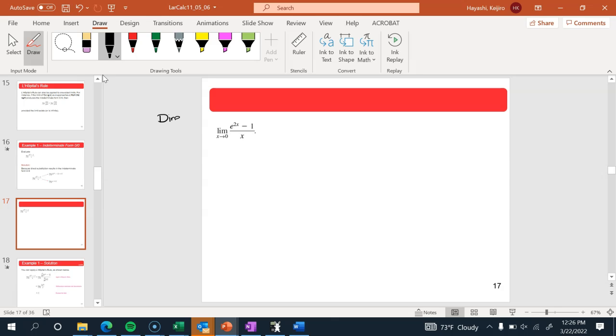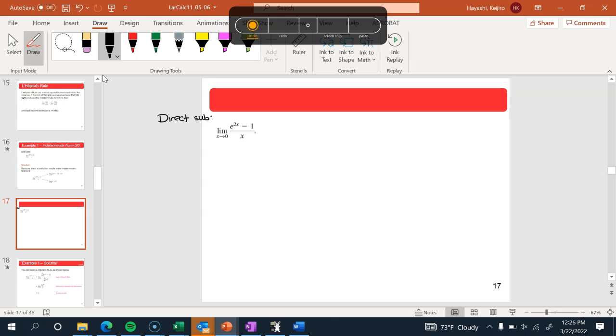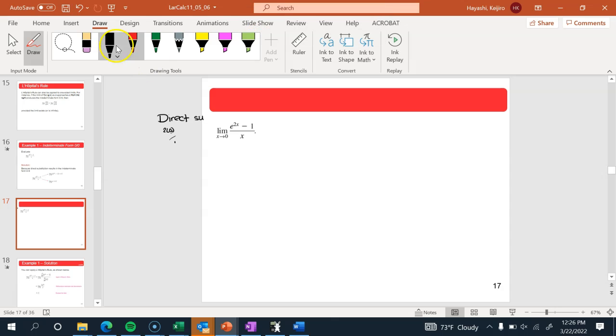So just over here, through direct substitution, e to the 2 times 0 minus 1 on top, and just a plain old 0 on the bottom.